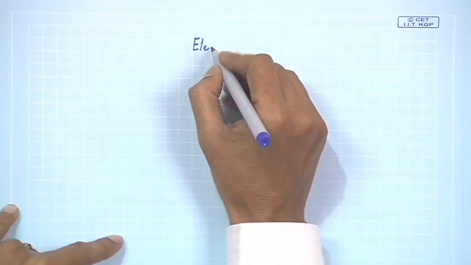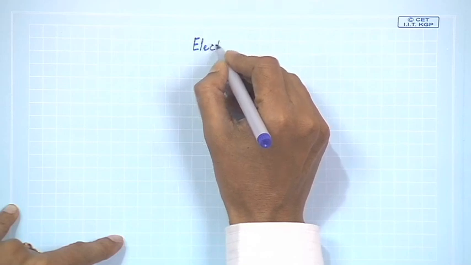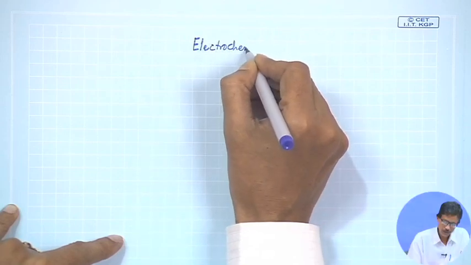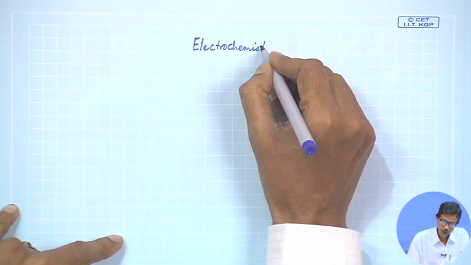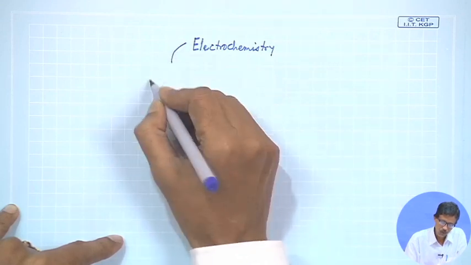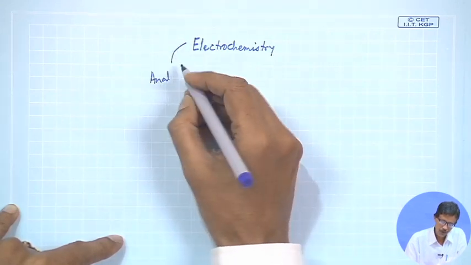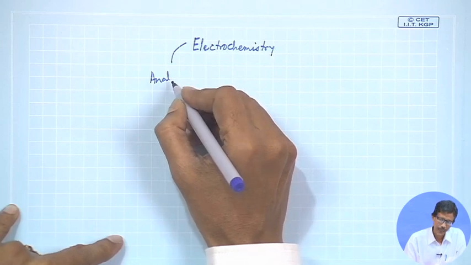Good morning everybody. As we are proceeding towards the end of this course, where we are now discussing in an elaborate fashion the electrochemistry and how it is applicable to analysis or development of new techniques in analytical chemistry.